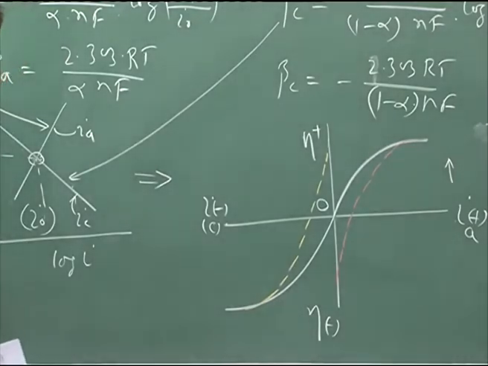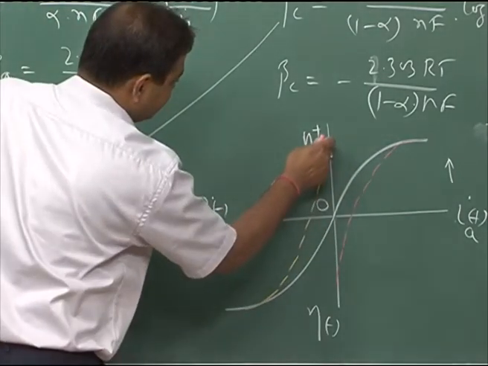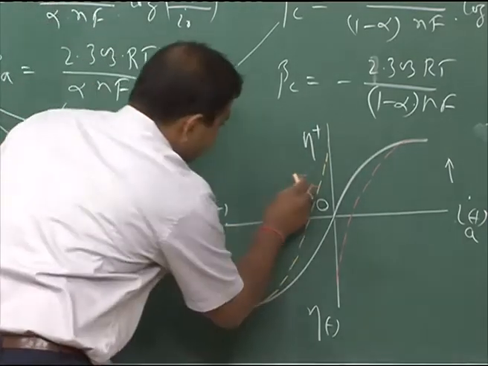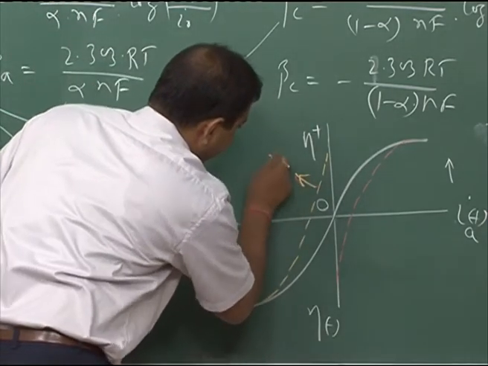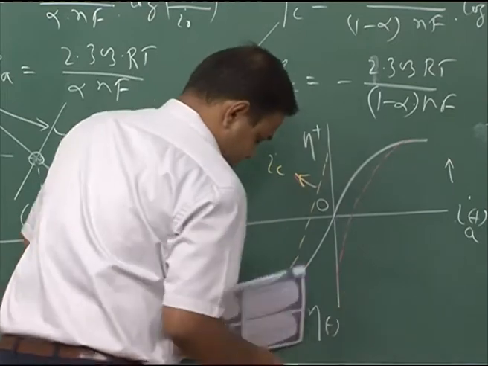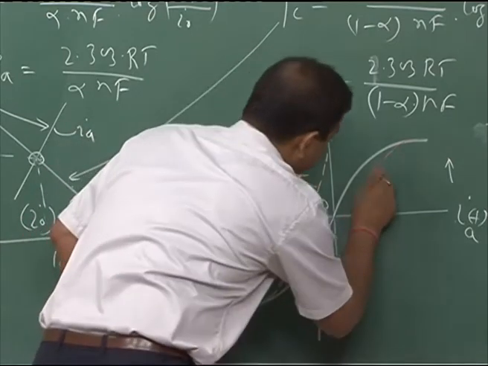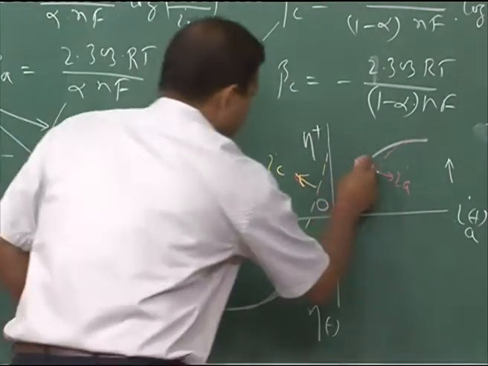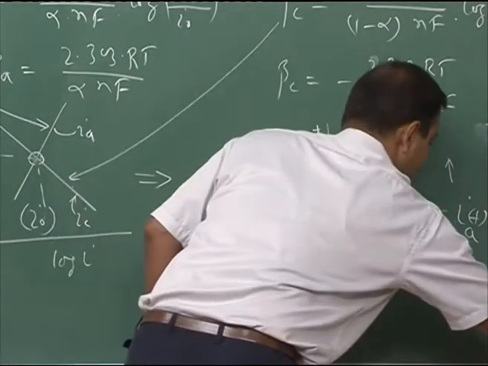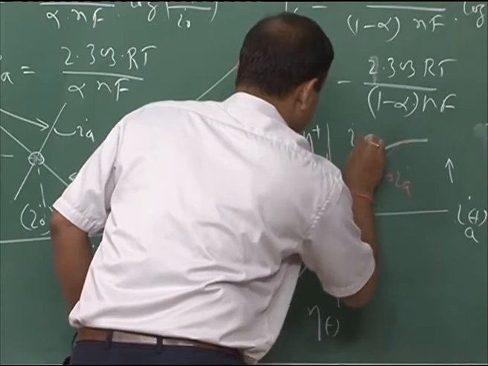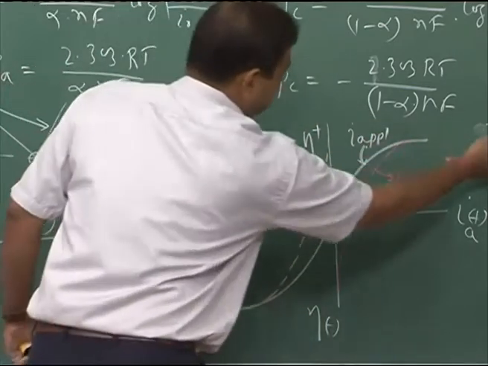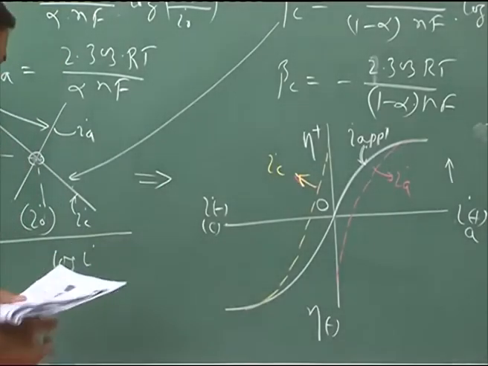Now, we see that at higher over voltage, this is my I c, this is my I a, and this part is I applied, which is the overall current.